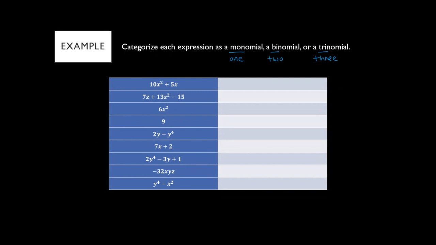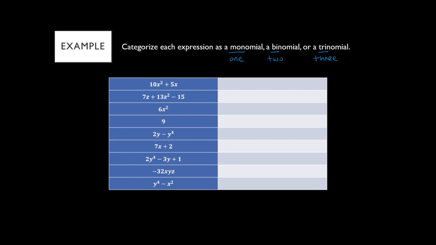So going back to here, we're going to categorize each expression as a monomial, a binomial, or a trinomial. When you're doing this, you're looking for things that are separated by pluses and minuses, because terms are separated by those. If you think of the minus as adding a negative, that just adds another plus.